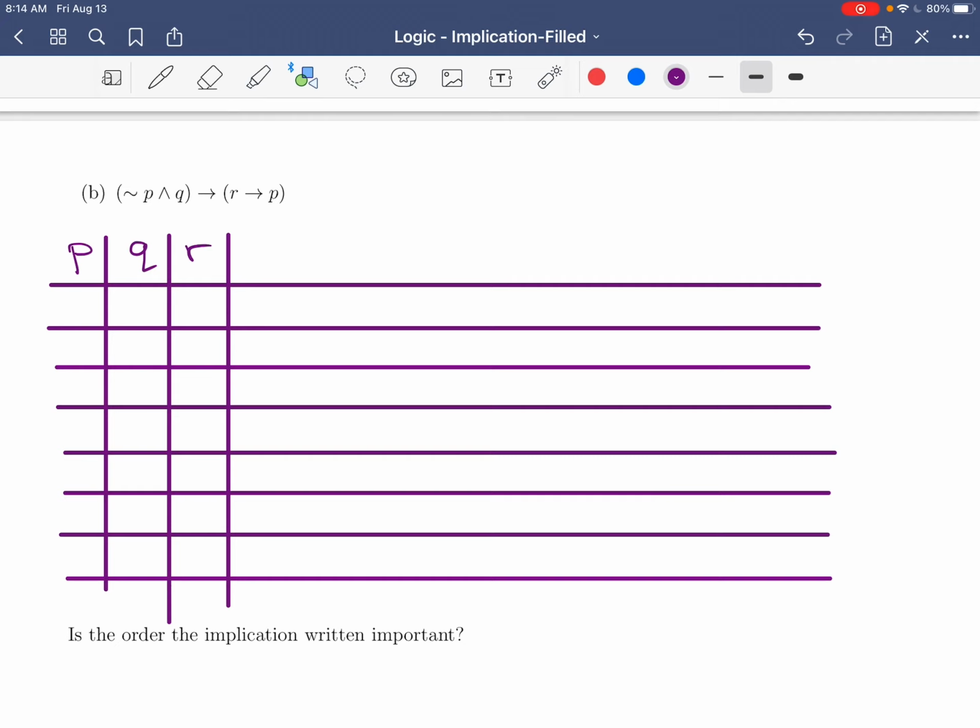Okay, I think I have enough there. The way that I like to set it up is I split the rows in half. The first half are when P is true, and the second half is when P is false.